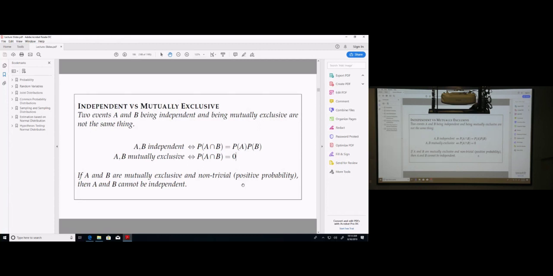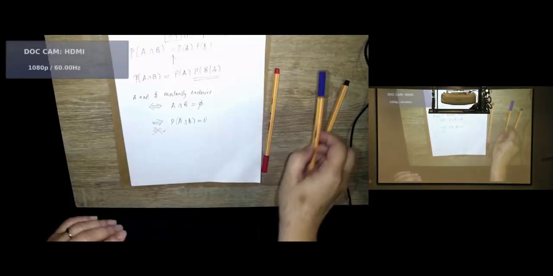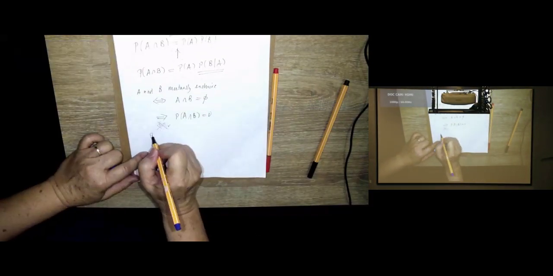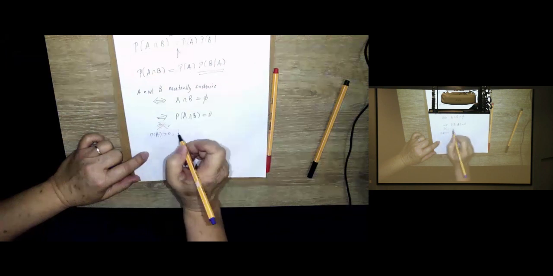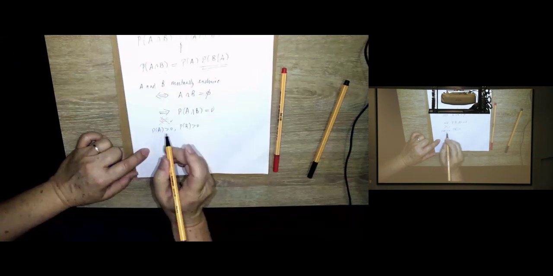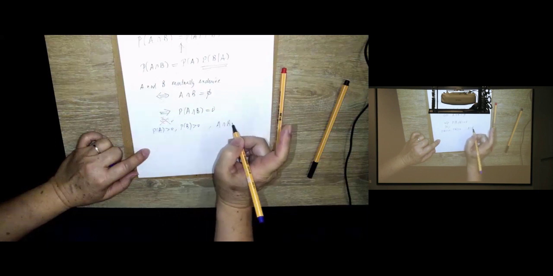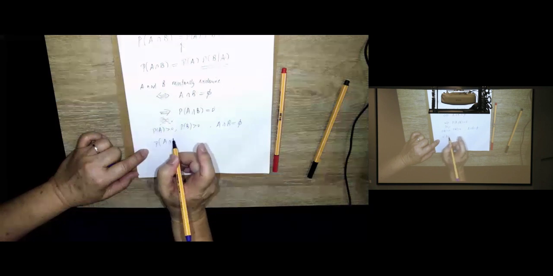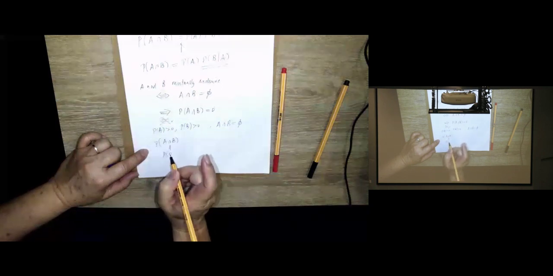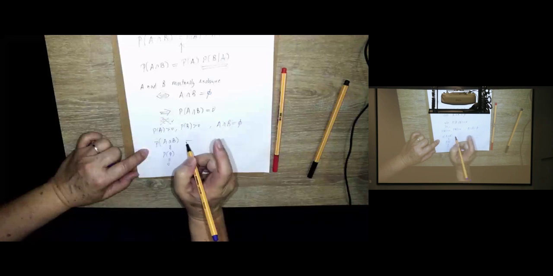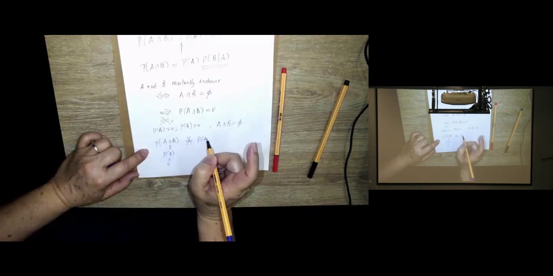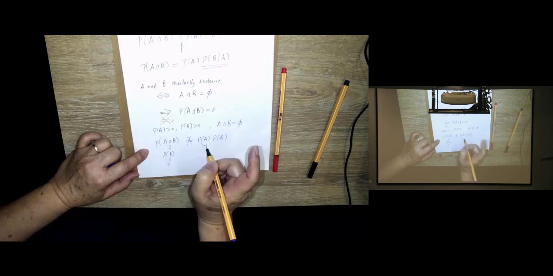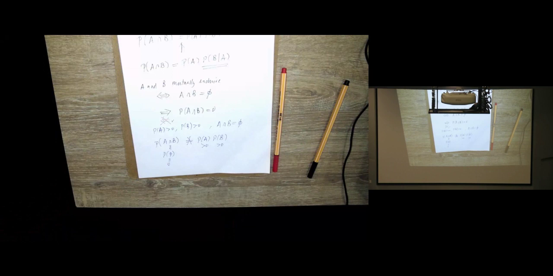The statement means that the probability of A is positive, the probability of B is positive, and that A and B are mutually exclusive. Then what we have is that A intersect B, which is the probability of the empty set, has to be 0. And of course, this can't be equal to the product, because this is positive, this is positive. That is the meaning here.